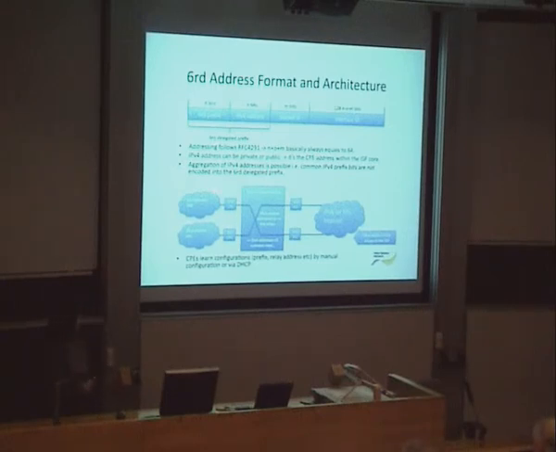And these CPE devices basically learn everything through DHCP: what is the anycast address of these relays, what is the actual 6RD prefix, what is the length of the delegated prefix and so on. It's pretty straightforward.